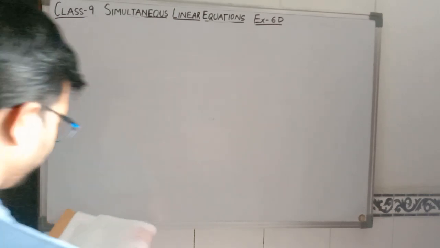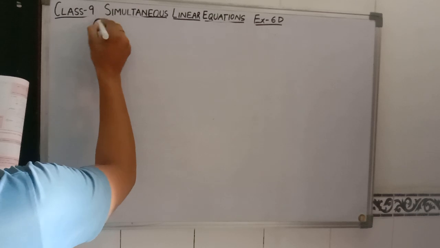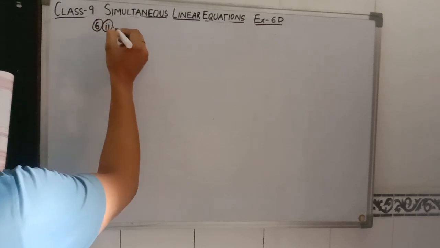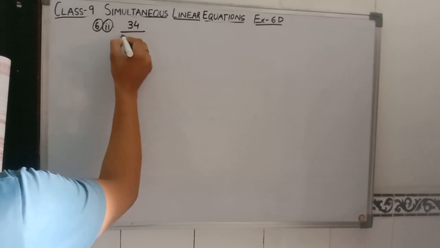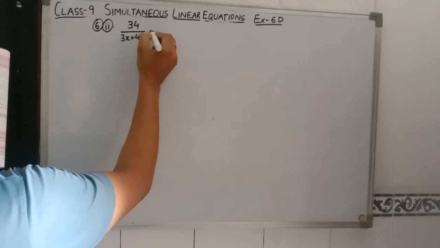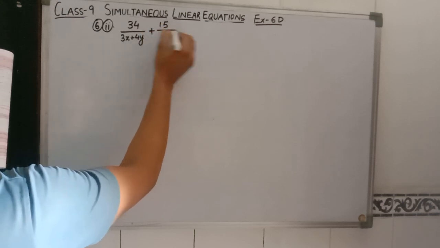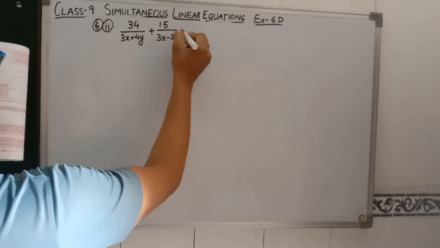Question number 6. Yes, it is a little different. So I am telling you the second part because both parts are the same. Little different, not everything. 34 upon 3x plus 4y plus 15 upon 3x minus 2y is equal to 5.